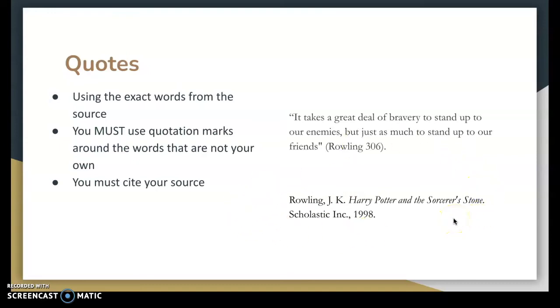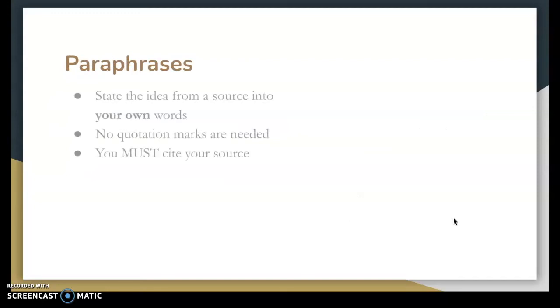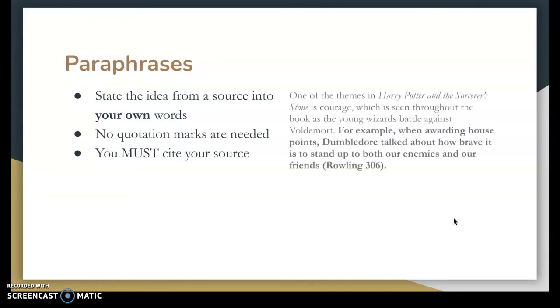All right. Now, if I'm going to paraphrase, I can paraphrase that quote. And that means I just want to put in my own words. I don't need quotation marks. So if you're paraphrasing, don't use quotation marks, but I still have to cite my source and where it comes from. So it's the same thing. This sets it up. This is that framing. Here is my signal phrase.